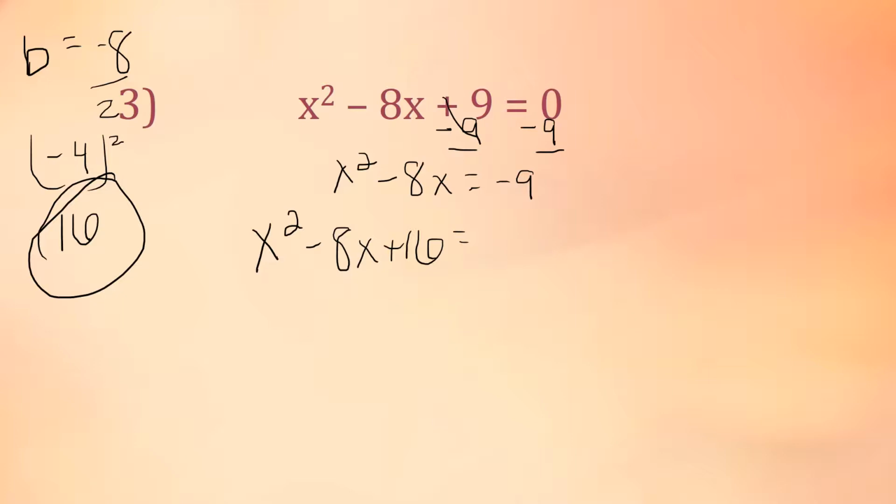Negative 9 plus 16 is going to give me 7. Okay, so the next step, at this point you should be stating what you think the next step is, or glancing at your notes, but hopefully you're getting to the point where you kind of just know what to do.